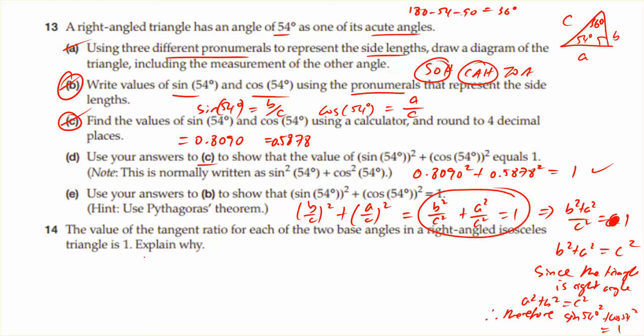Okay, question 14. The value of the tangent ratio for each of the two base angles of a right angle isosceles triangle is 1. So we're talking about an isosceles triangle here, and we're talking about the two base angles.